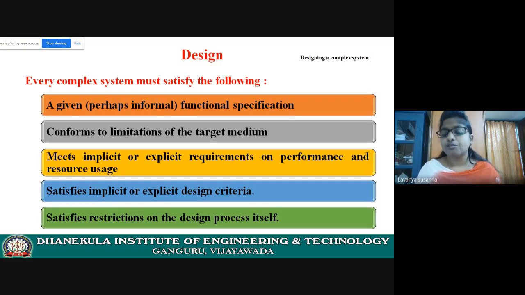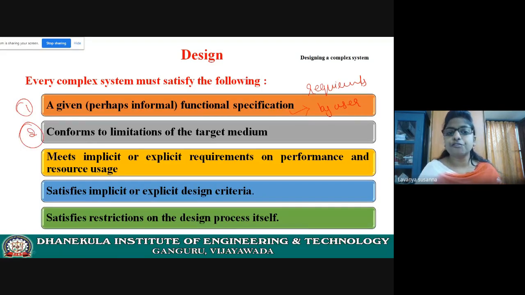That means while you are designing the complex system, it must meet all the specifications specified by the user, all the requirements which are documented. You must design in such a way that you satisfy all the requirements specified by the user.